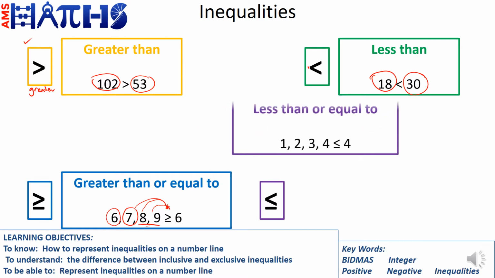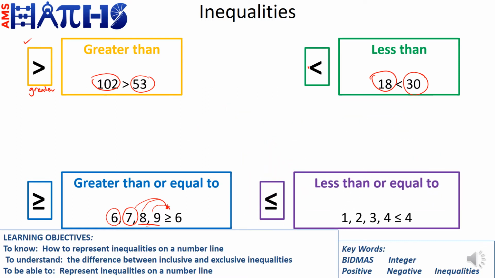Alright, and then on this one we have less than or equal to. Because we're reading from the left, we want numbers that are less than or equal to 4. So 1 is less than 4, 2 is less than 4, 3 is less than 4, 4 is equal to 4. It can either be less than or equal to 4.